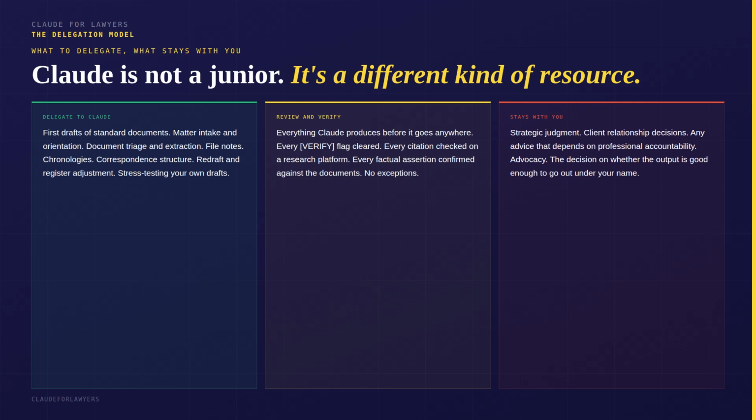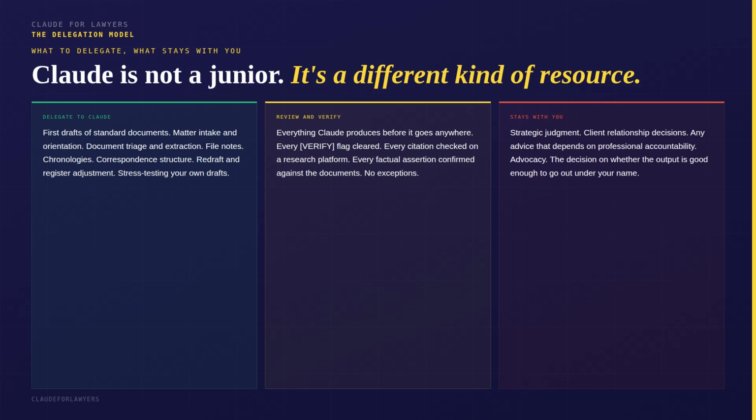Not on Google, not by asking Claude to check itself. Every factual assertion confirmed against the documents in the record. This is not optional, and it is not a formality. The firms that have faced public consequences for AI output in the courts skipped this step. Garfield AI, which won a contested trial with AI-drafted documents, built this step into their process.